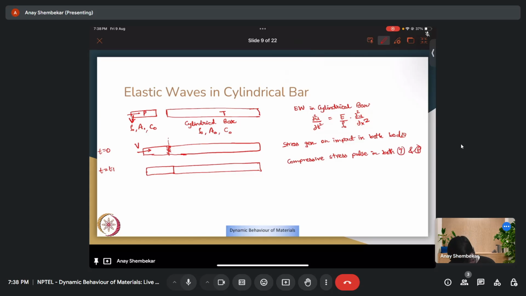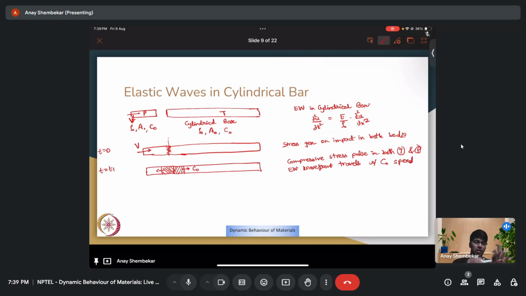I'll just extend this stress that is seen here, shade it out. Both of these travel with velocity c naught, so the elastic wave front travels with c naught speed.